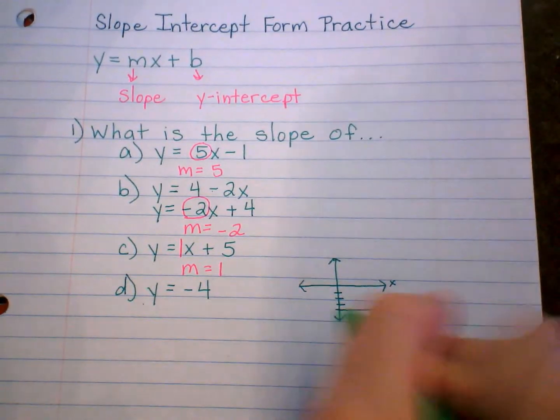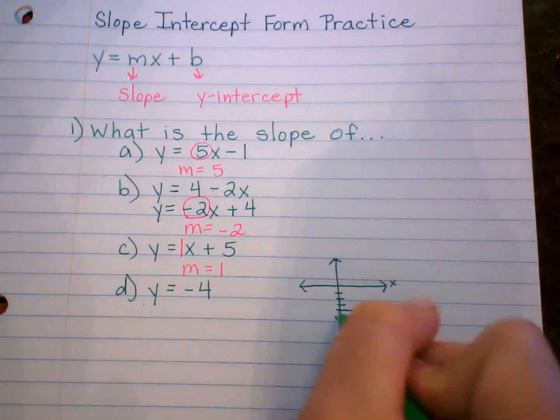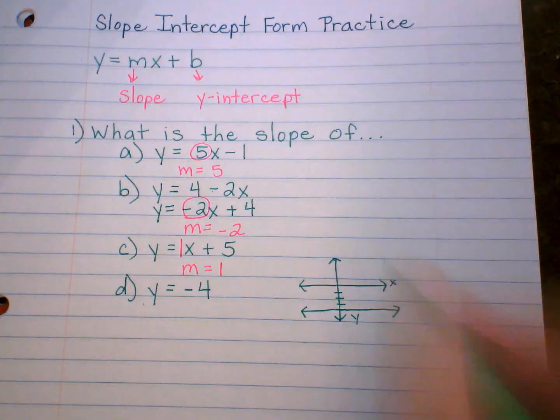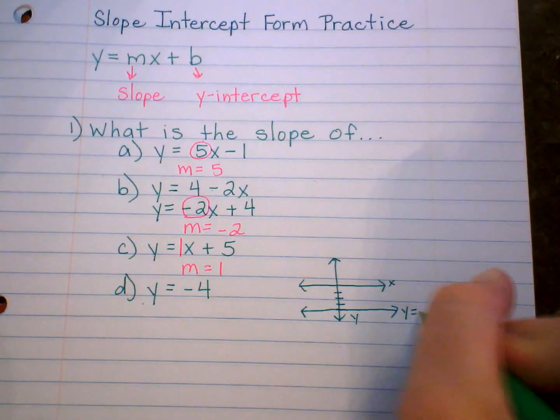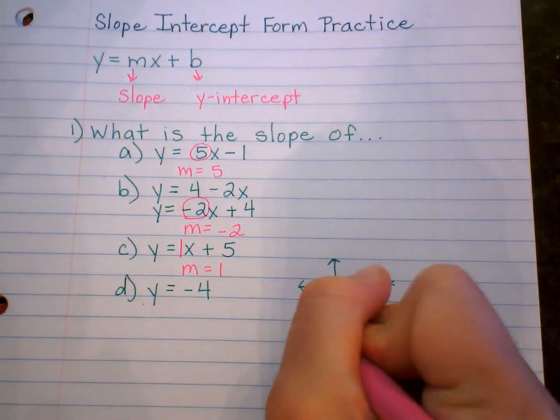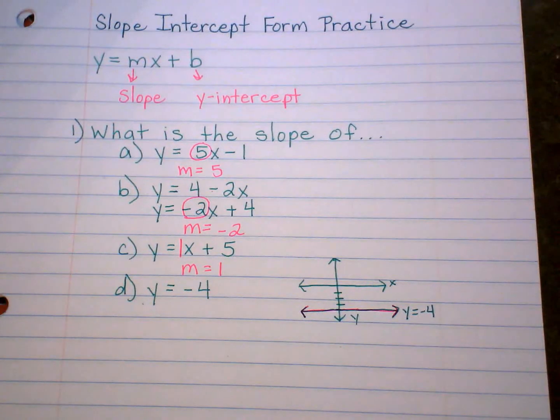So actually, if you have an equation and it's y equals and it's just a number, that's just a horizontal line at the number. So this is the graph of y equals negative 4 actually. It's just this line right here.